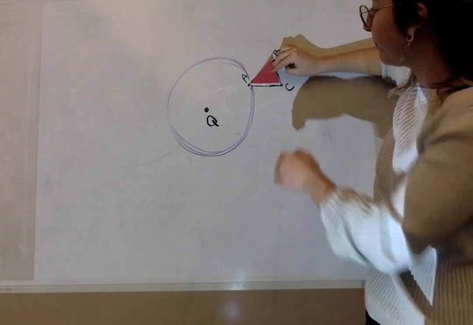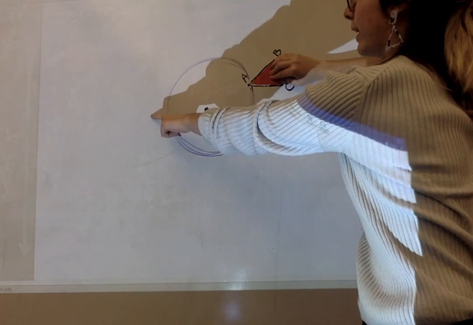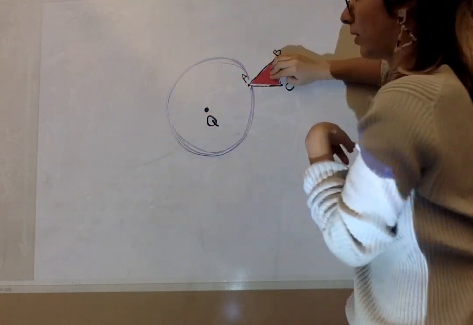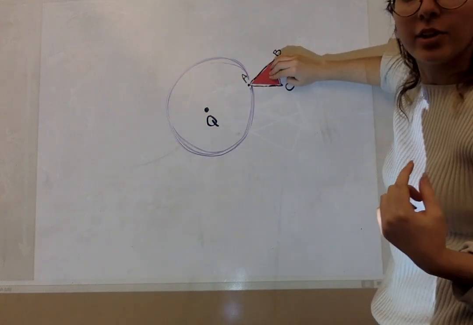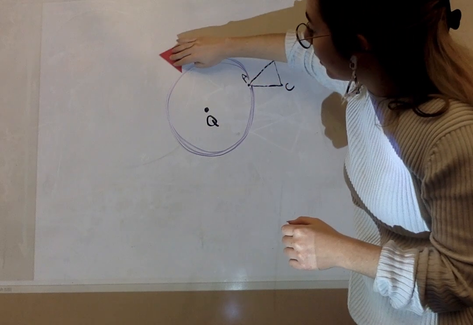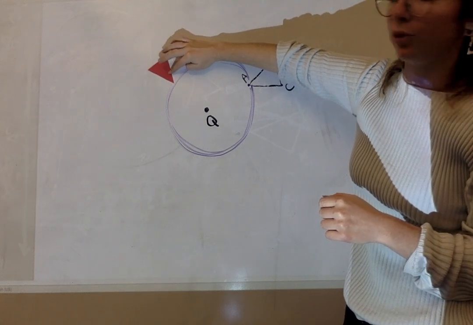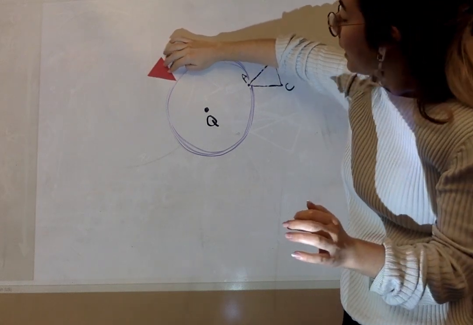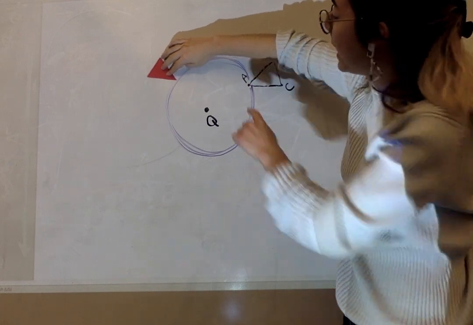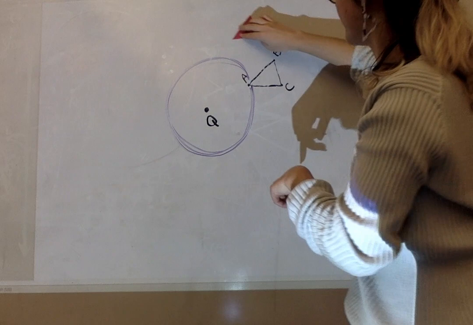If somebody told me to rotate it counterclockwise, so opposite the way the clock goes, about 90 degrees, that would be going about that far. And then this would be where my image would land, because I just rotated it about 90 degrees around the center point Q counterclockwise.